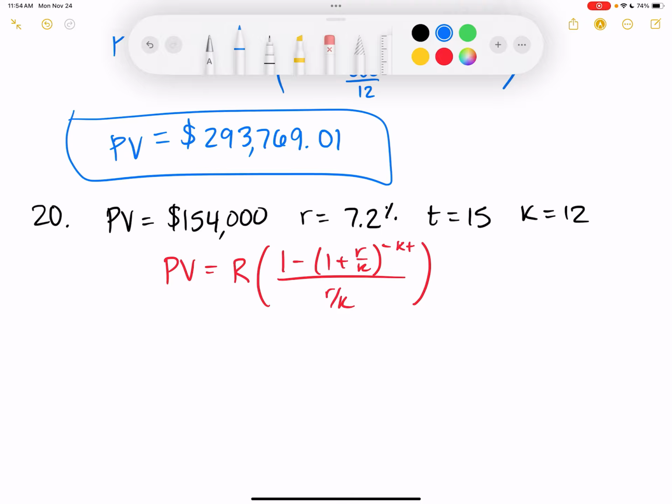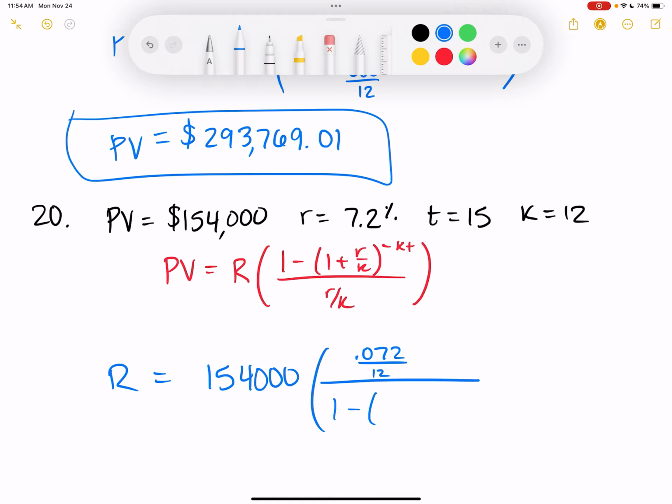All right, PV, so I'm going to do R equals the present value, 154,000 times 0.072 over 12, all over 1 minus 1 plus 0.072 over 12 raised to the negative 12 times 15.